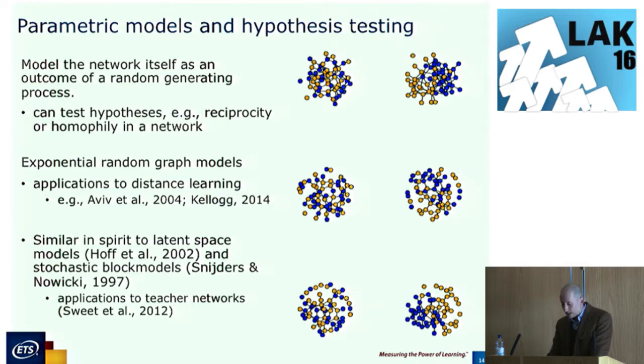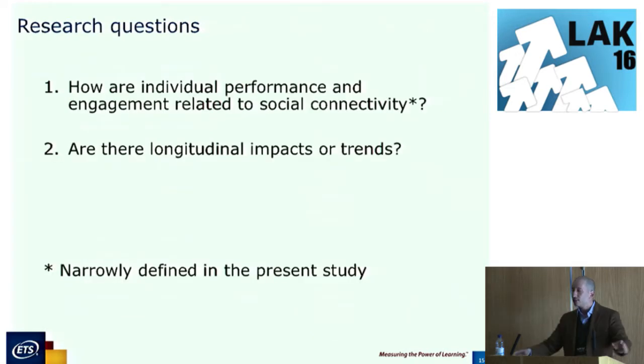Okay, back to what we wanted to know. We were asking about individual performance and engagement with the learning resources and how that relates to connectedness in a network. I put a big star here because we're very narrowly defining social connectedness in terms of a reply structure of a network.